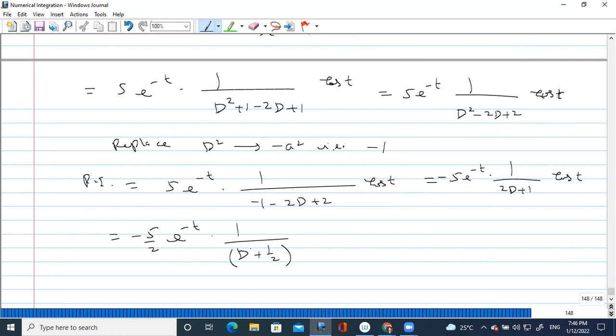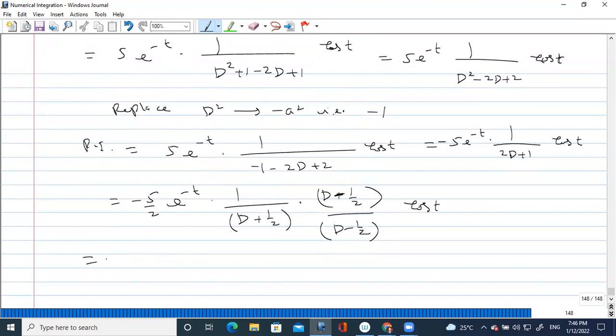And once it has become D plus half, what is my next step? You just multiply D minus half in numerator and denominator both, so that it again becomes the D square. So it will be minus 5 by 2 e to the power minus t 1 by, it will become D square minus 1 by 4, and in the numerator it will be D minus half, and it will be cos t.